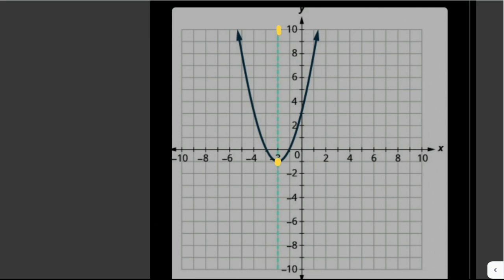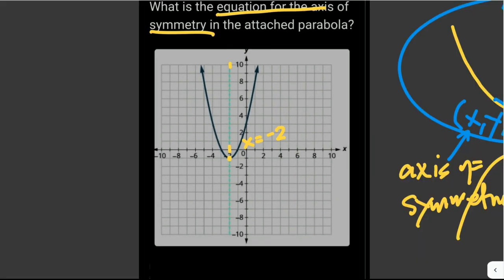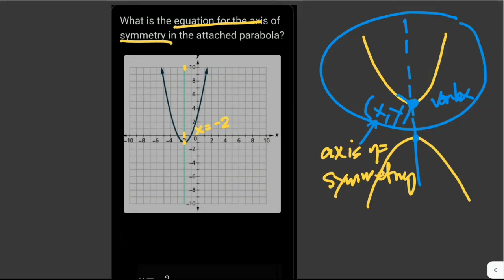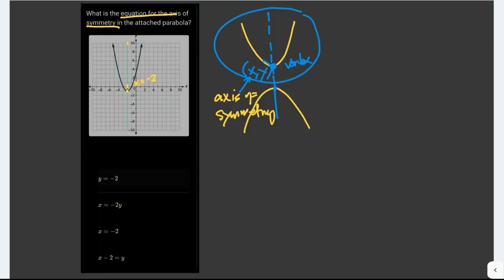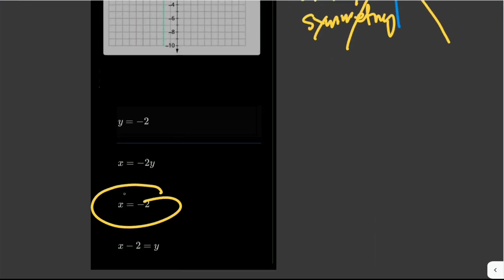So the vertex is this one, and the value of x here is this one. x equals negative 2, because it is on the left side of the graph, in the third quadrant. Therefore, the equation of the axis of symmetry here is x equals negative 2. So the answer here is this one.